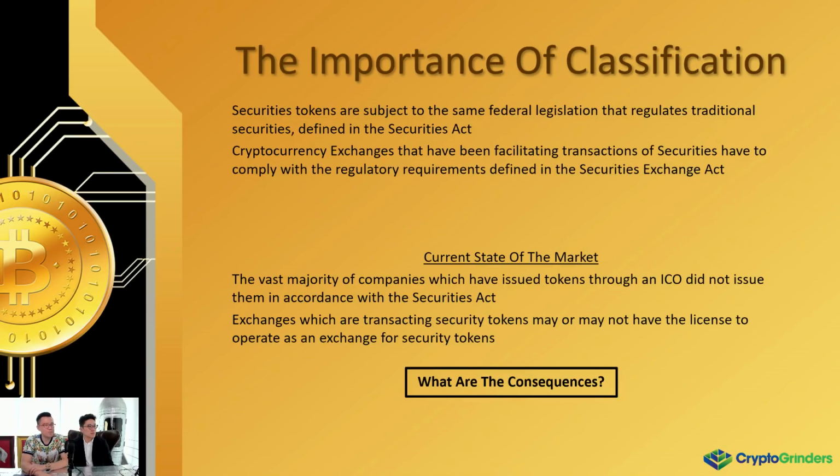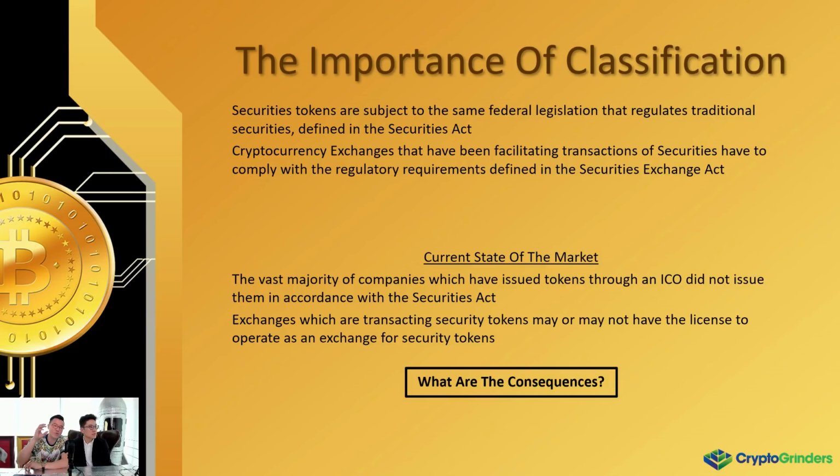Okay, so the importance of classification. Security tokens are subject to federal legislation that regulates traditional securities, defined in the Securities Act. Crypto exchanges that facilitate transactions of securities have to comply with the regulatory requirements defined in the Securities Exchange Act.